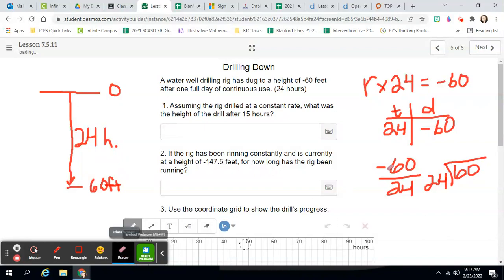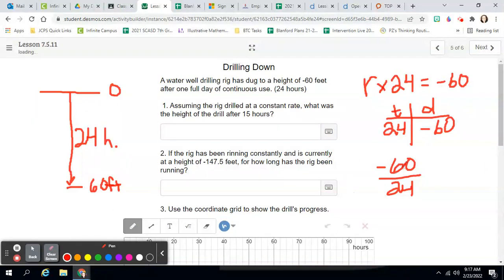So for this one, I'm going to try to simplify this as a fraction. So I'm thinking to myself, how many times does 24 go into 60? I'm thinking if this was 20, 20 times 3 is 60, so it's got to be 2 times, right? So I know that this is going to be equal to 2 wholes.